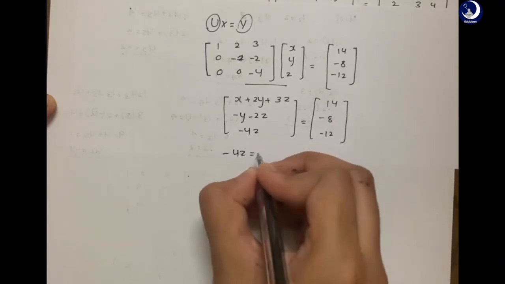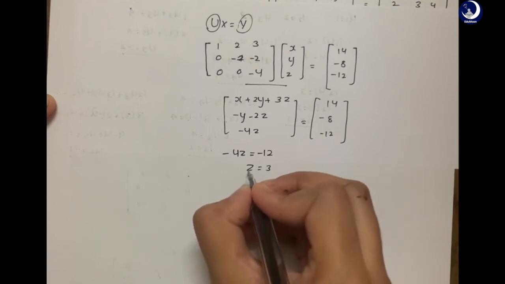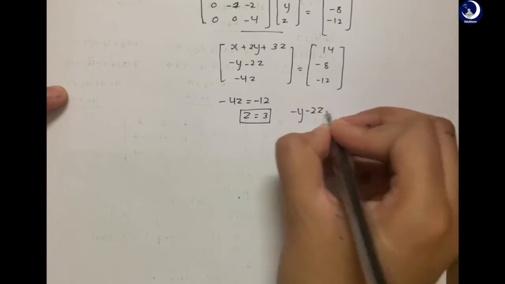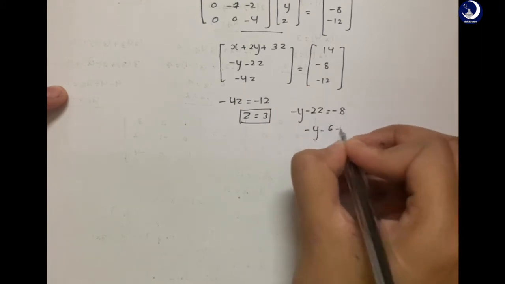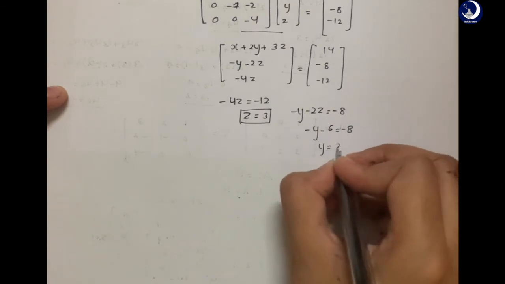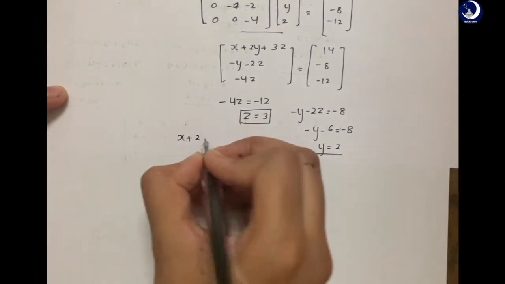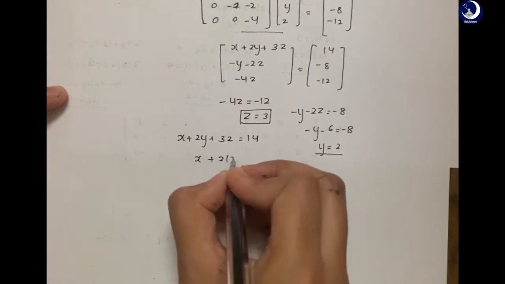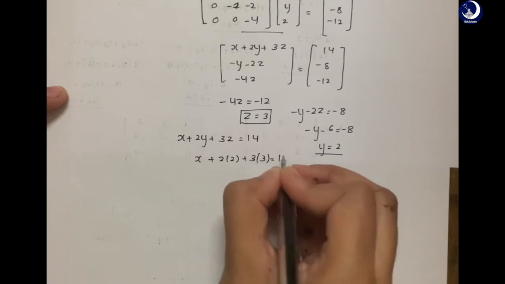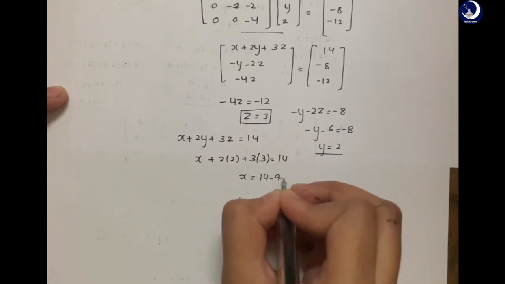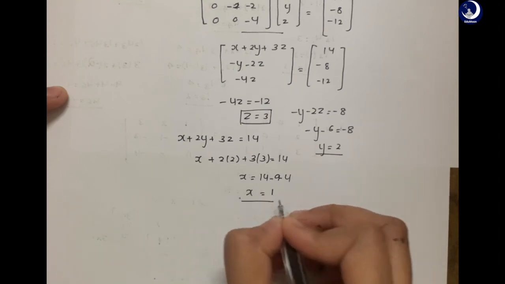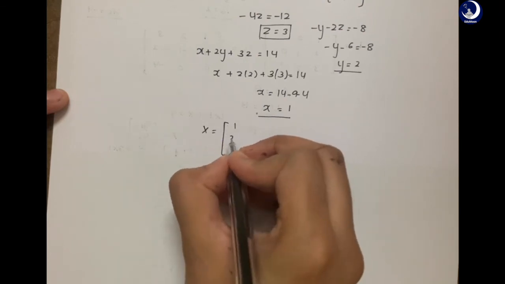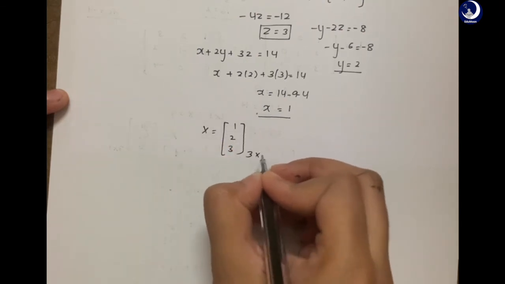We're getting x equal to 1, 2, 3, which is a matrix of order 3 by 1.